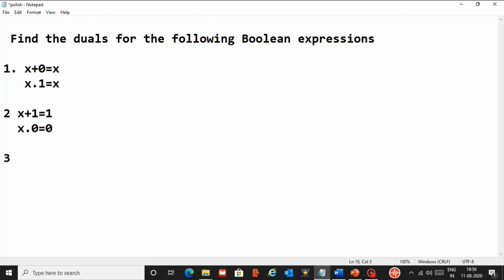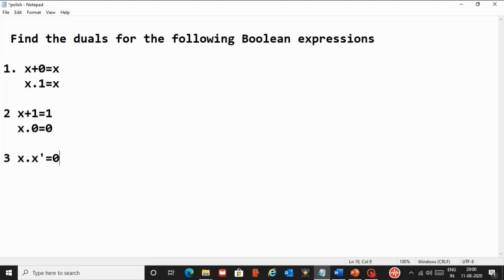Next is x dot x dash. x dash is nothing but x bar, is equal to 0. So x dot x dash is equal to 0. Can I prove this? Yes, for example, if x is 1, what is x dash? It will be 0.